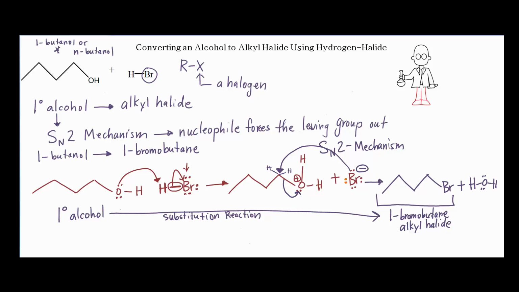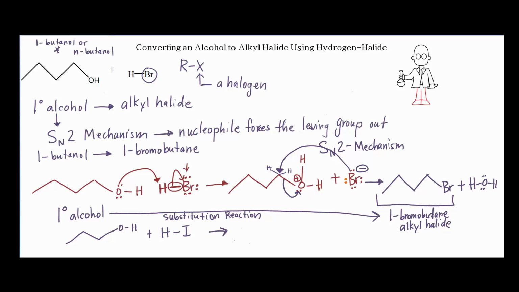So anytime we have a reaction like this with a primary alcohol, pentanol in this case, plus an HI, if you're asked just for the product only, you can do a direct substitution of the alcohol, the OH hydroxy group, with the halide.